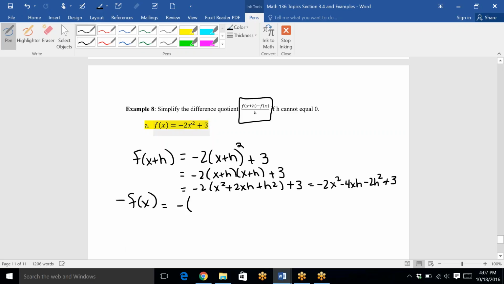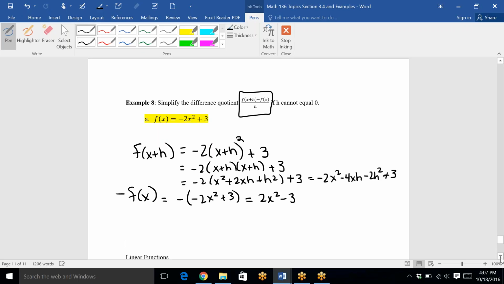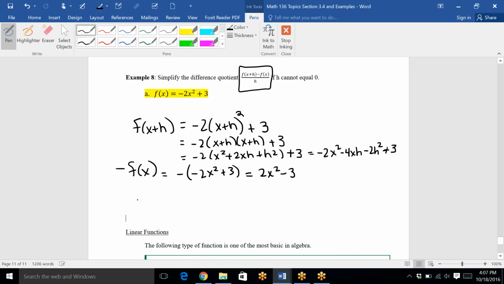Negative f of x just means you take this function and you change all the signs. So that'd be positive 2x squared minus 3. You take both of those parts and that is your numerator for your difference quotient. And then remember we're going to put that all over h.